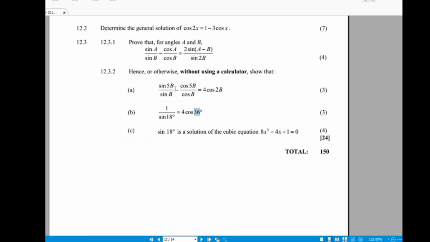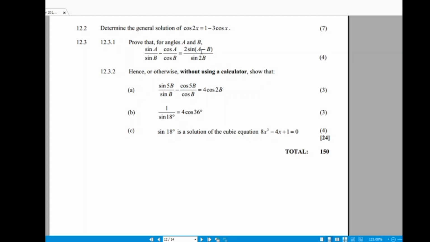But then we have shown that this is the same as saying 2 sine A minus B divided by sine 2B, right? These questions are connected, right? So 4 cos 2B should be somehow related to this one here.